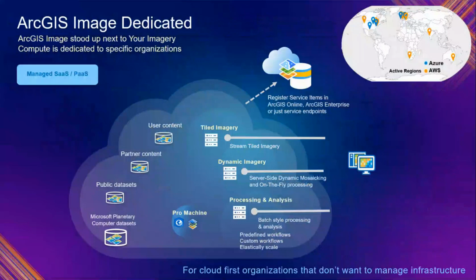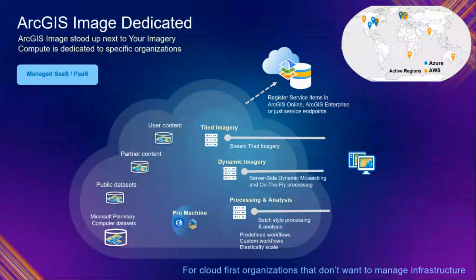It's also possible to run ArcGIS Pro, that desktop that I mentioned before, within that region. So, for example, if you're interested in working with the Microsoft Planetary Computer data, you can get a subscription to Image Dedicated, spin up ArcGIS Pro next to that data, define the modeling that you want to do, and then scale it up with the processing and analysis capabilities.